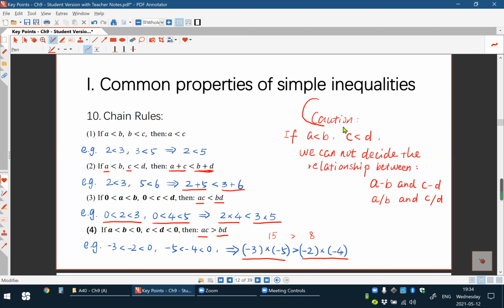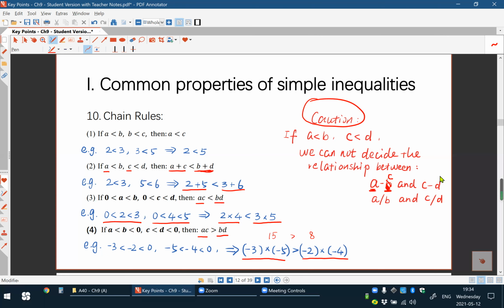Okay, and pay attention that if A is smaller than B and C is smaller than D, we cannot decide the relationship between A minus C and B minus D. Also, we cannot decide the relationship between A divided by C and B divided by D. Sorry, I made a typo here.